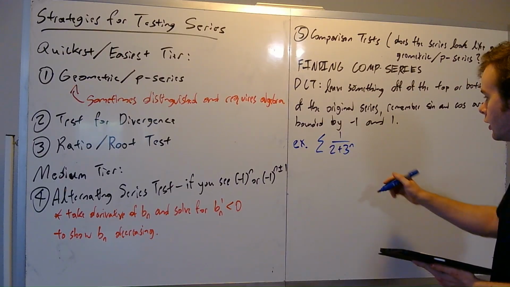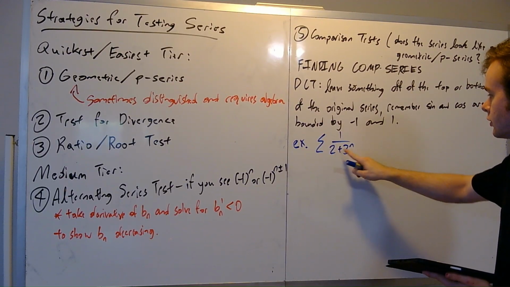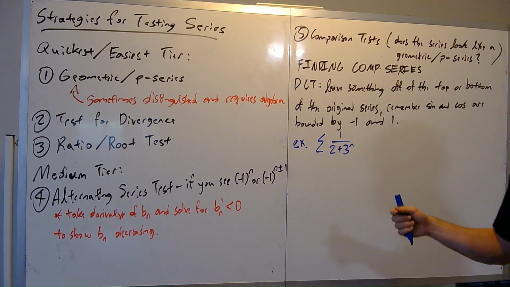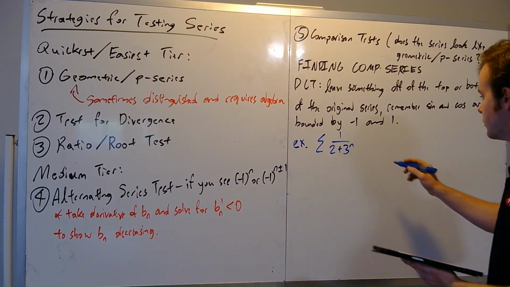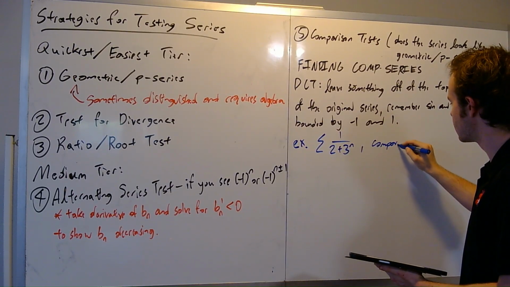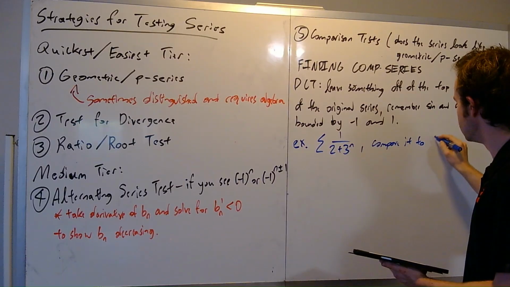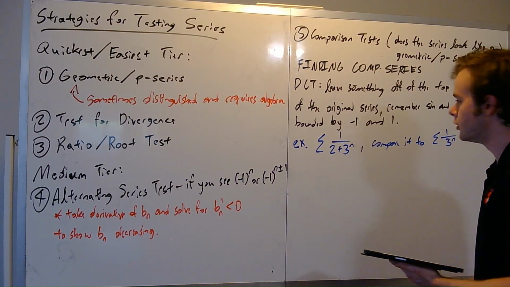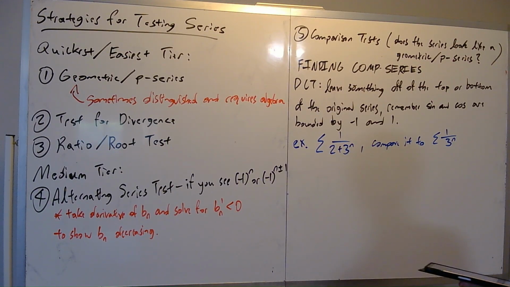We can factor out a third, and then it looks like a third times 1/3 to the n minus 1. So we would actually want to compare it to the sum of 1 over 3 to the n, which, as I said, is actually a geometric series.